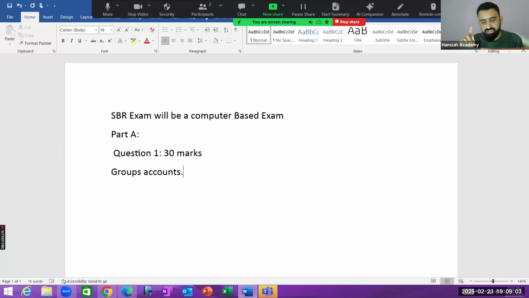So it would consist of group accounts, and it will also consist of some other accounting issues relating specifically to a parent company.